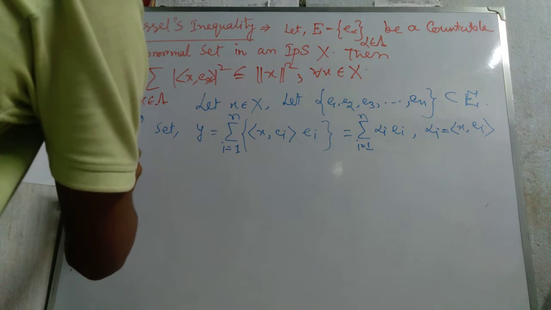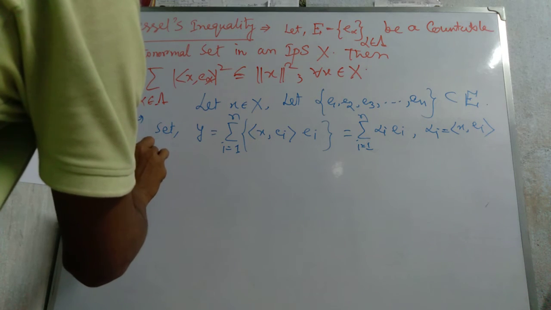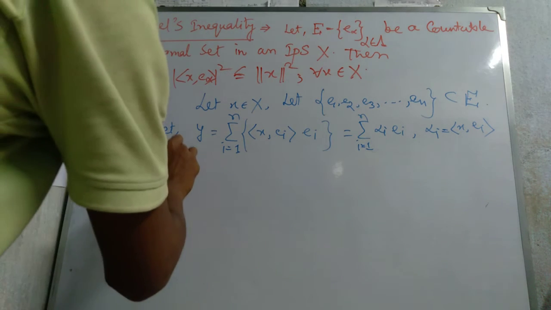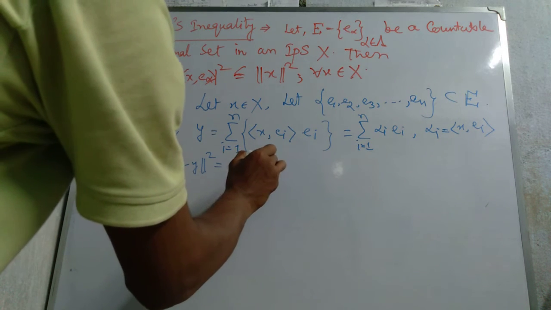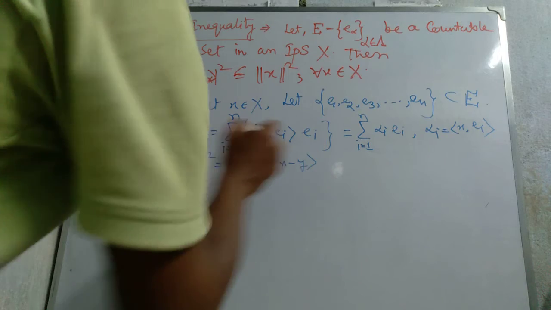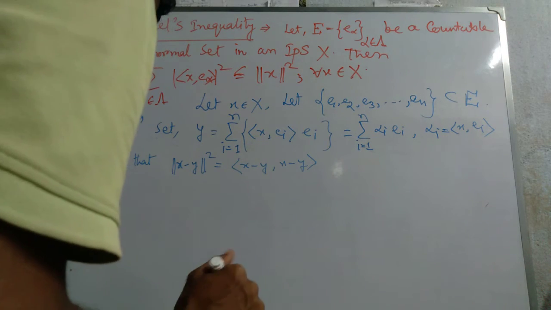Now note that the norm of x minus y squared equal to the inner product of x minus y with x minus y.